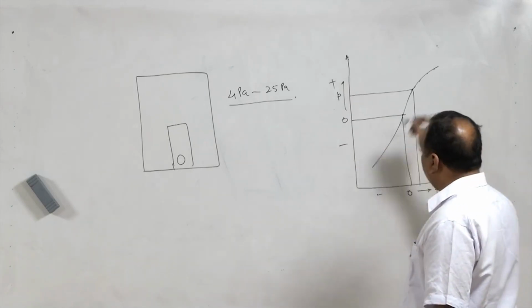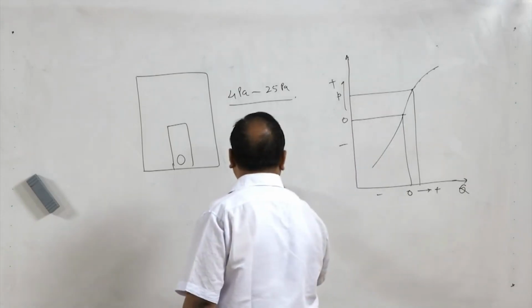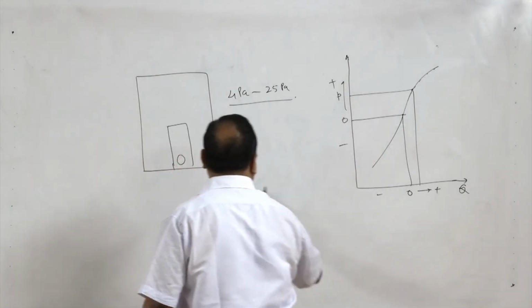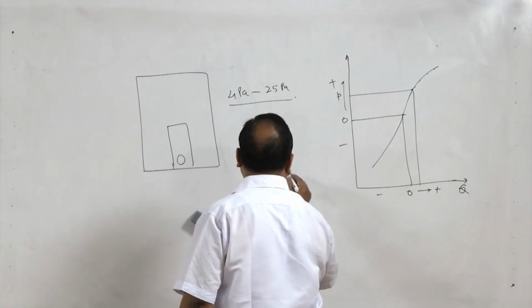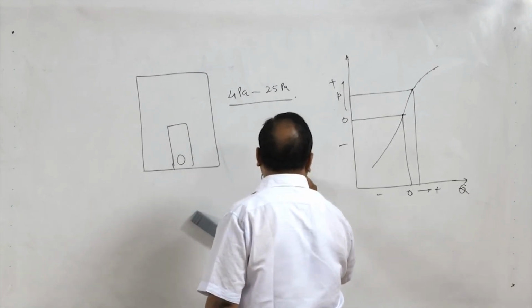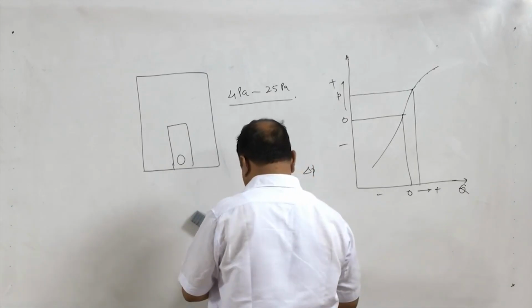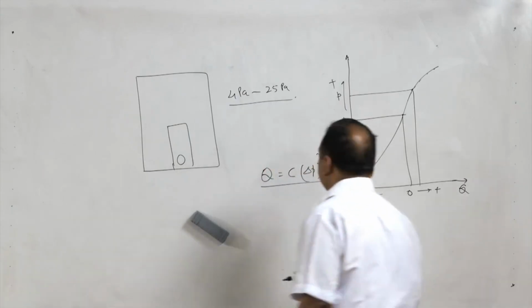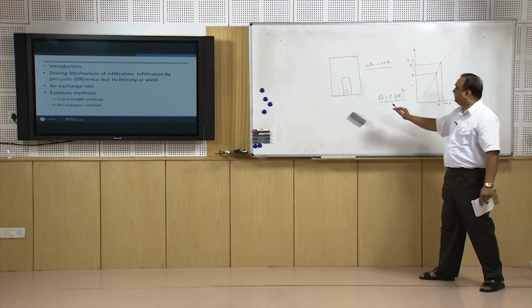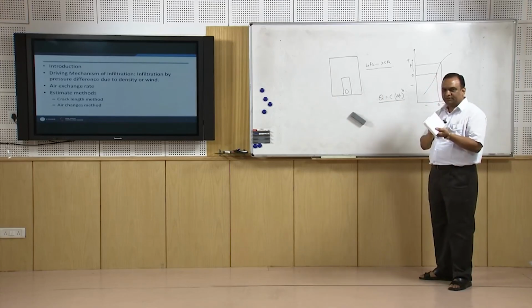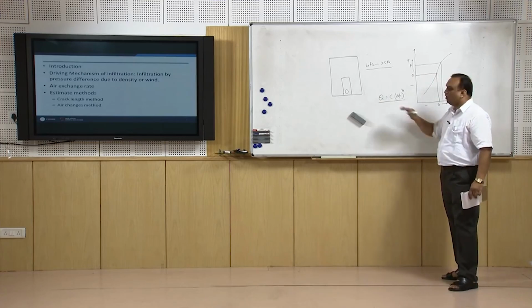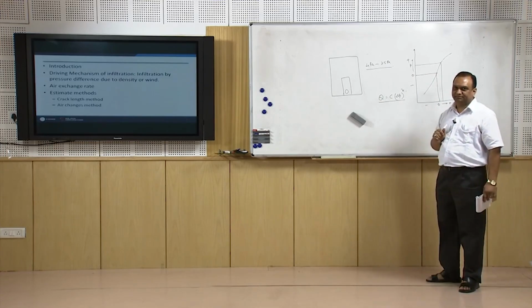This curve has the relationship Q = C (delta P)^n, where C is some constant. For a particular pressure difference, which we can always measure between inside and outside, we can find how much air is flowing into the building.